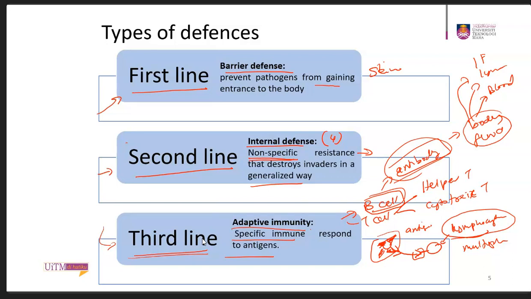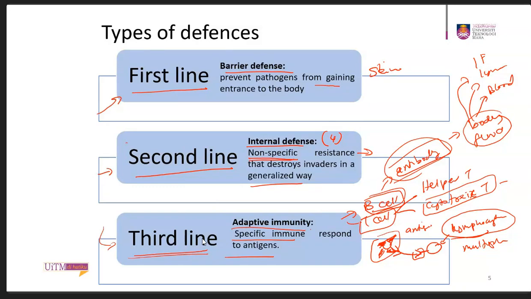But the T cell involved in the cell-mediated immune response attacks your body cells that are infected with that specific pathogen. So basically the function of the cytotoxic T cell is to destroy the host cell that is infected by the specific pathogen.